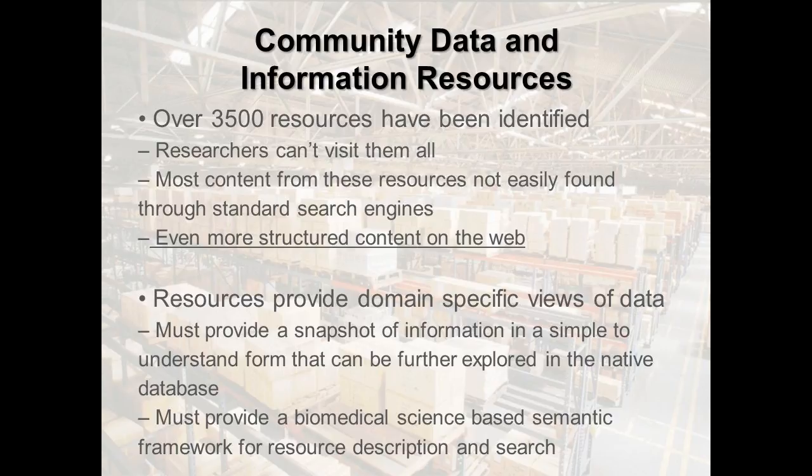We've been cataloging various information and data resources for the last decade, and from what we have in our resource registry, we have more than 3,500 resources that we've identified that might have information applicable to researchers, and researchers can't visit them all, and that doesn't even count the ever-growing amount of structured content on the web.